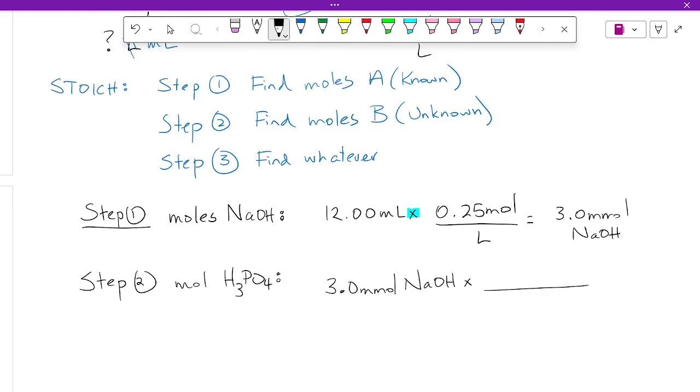If I want to cancel my moles of NaOH and find my moles of H3PO4, I need the ratio. And in order to get the ratio, I need to write a balanced equation.